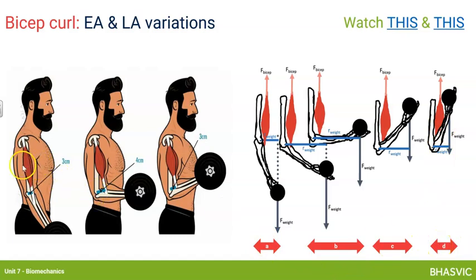So unfortunately, whilst the muscular torque was better in the middle, in that 90 degrees middle phase we've also got the greatest load arm torque. So they don't completely cancel each other out, but they are opposing each other, if you like. We've got the greatest challenge based on the load arm in the middle, but we've also got the greatest relative mechanical advantage for the muscle, the effort arm, in the middle.